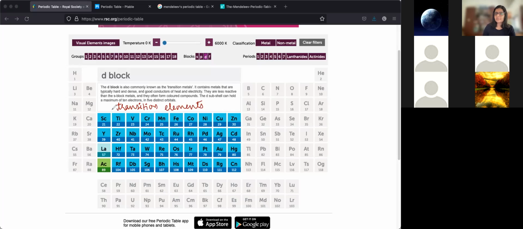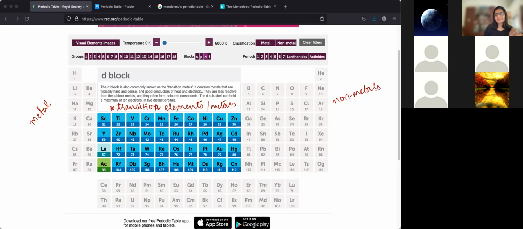Have you guys heard of this name before, transition elements, in any other context? Yeah? No. Okay. They're called transition elements, or transition metals, because this is where you have to go through these elements in order to get to the non-metals. Extreme left, you have proper reactive metallic elements. Extreme right, you have all the non-metals.